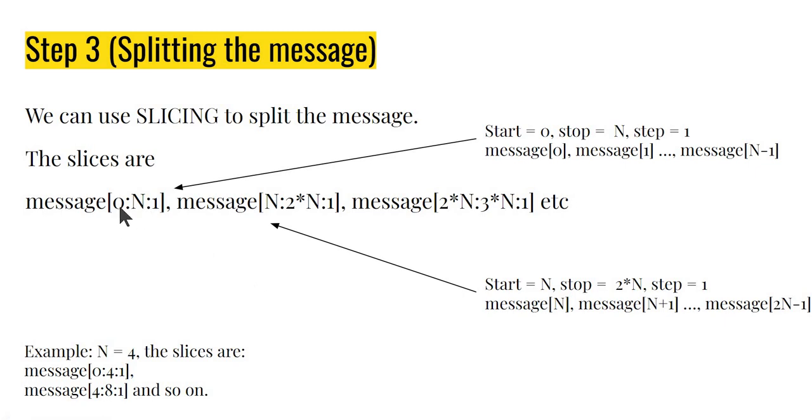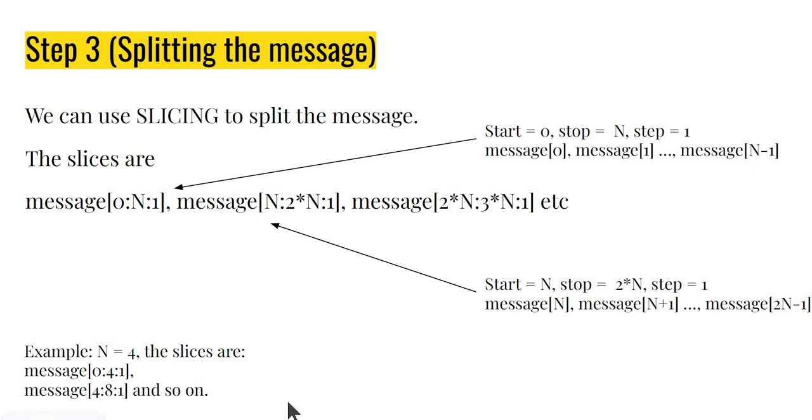So I'm starting at 0, stopping at n, which means that I'm going to get elements until n minus 1 and in a step of 1. So basically, this is quite straightforward if you think about it a little bit. For example, if you take n equals 4, I'm going from 0 to 4 in steps of 1, then 4 to 8 in steps of 1, because basically this will give me 0, 1, 2, 3, this will give me 4, 5, 6, 7, and so on and so forth.